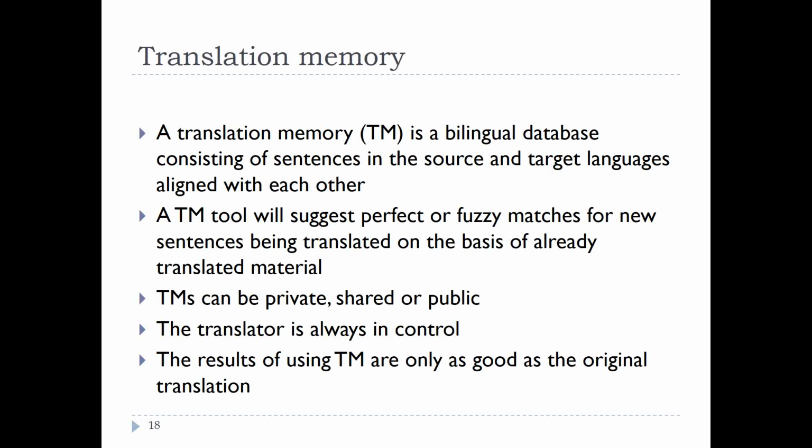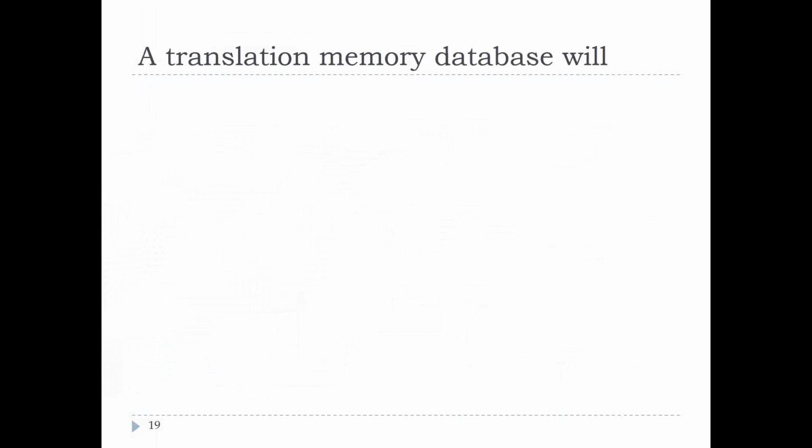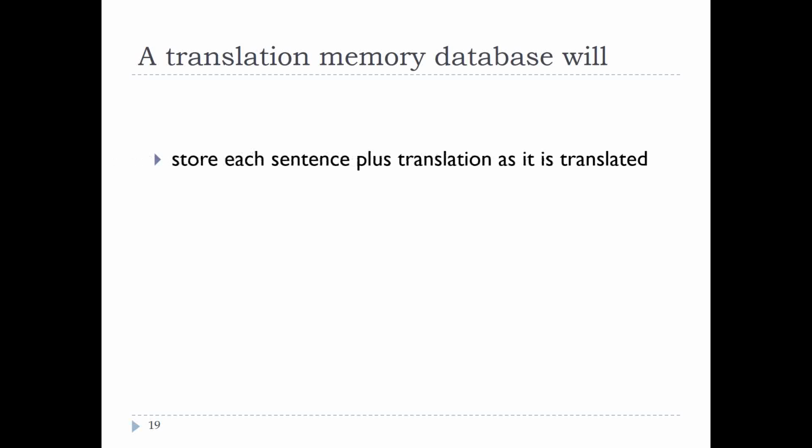Now, given this, you have to bear in mind that since translation memory involves recycling old material, the translations that come about as a result of its use will only be as good as the translations being recycled. What will a translation memory database do?